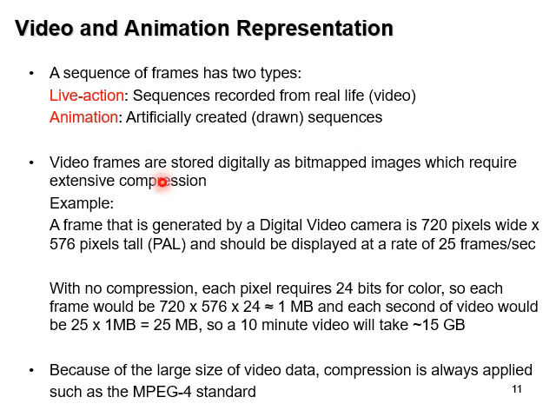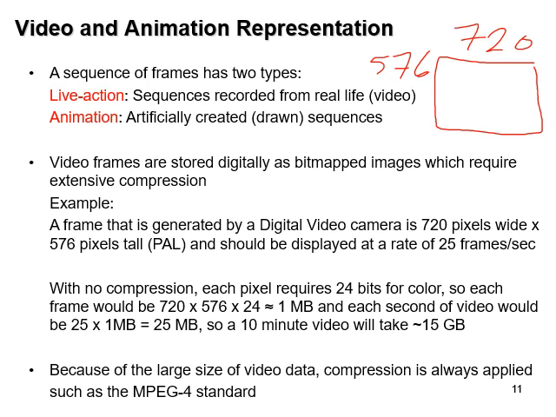Now, video frames are stored digitally and normally as bitmapped images, which of course would require extensive compression. Let's see, as an example, let's assume we have a frame, an image. Let me draw it here. This is one frame of a video, and that frame has 720 pixels on the width and 576 pixels on the height.